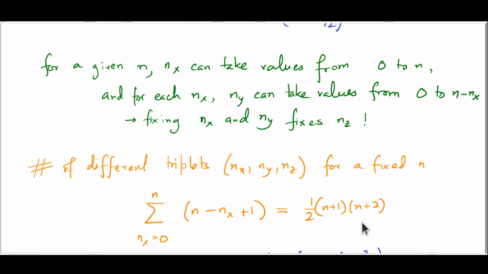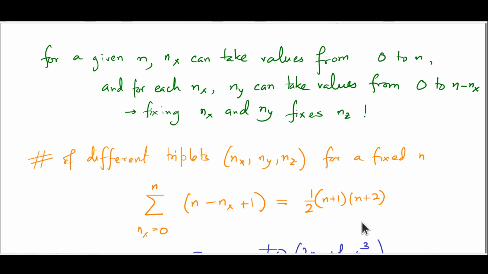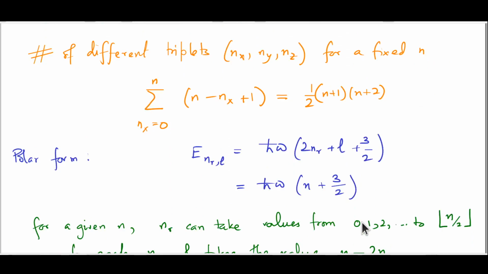Now what about the spherical polar version of the same calculation? In the polar form, energy depends on twice nr plus L. And of course, twice nr plus L is a non-negative integer which we can call n. As I've said before, both versions give you the same possible energy levels. What about the degeneracy count here?